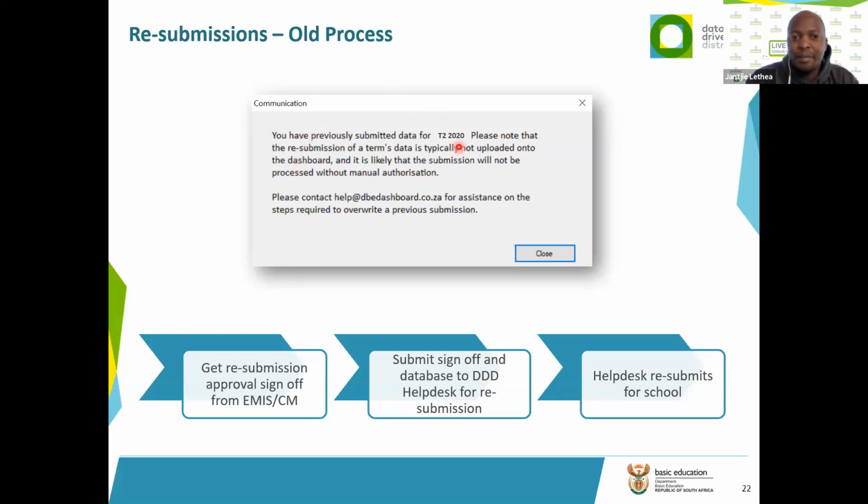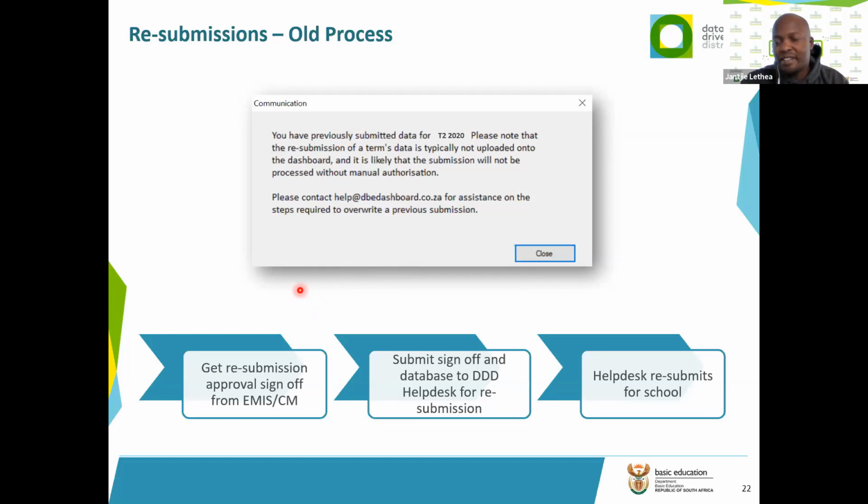I know, for an example, in Northern Cape, we had schools that submitted abruptly despite the circular advising them not to submit, and some schools did submit incomplete data. So these schools that have submitted before capturing the whole data for the term are required to resubmit once everything has been captured.